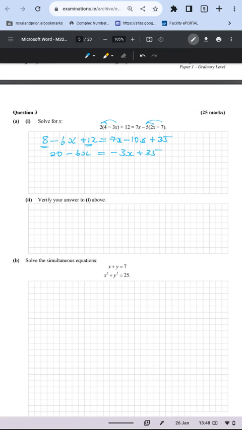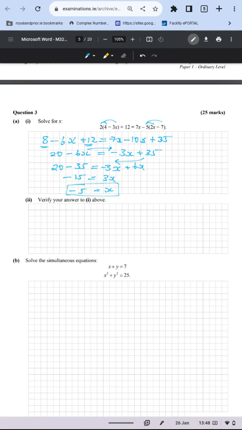Numbers one side, letters the other. I'm going to try and keep my x positive. So what have I got? 20 minus 35 is equal to minus 3x plus 6x. Minus 15 is equal to 3x, x equals minus 15 over 3, which is minus 5.